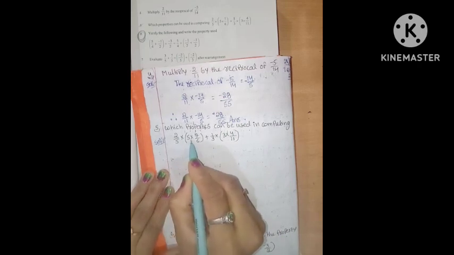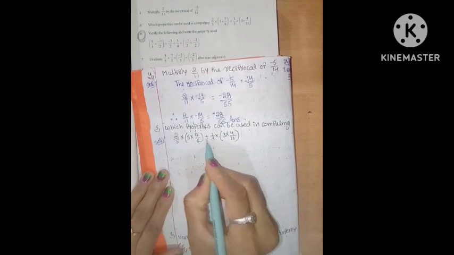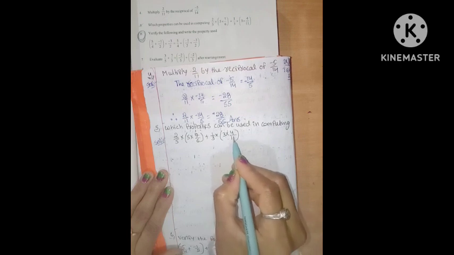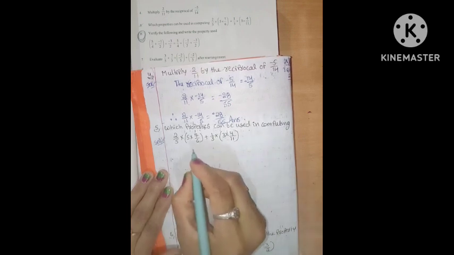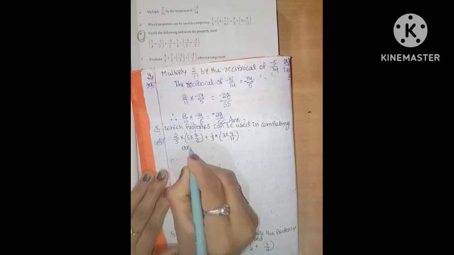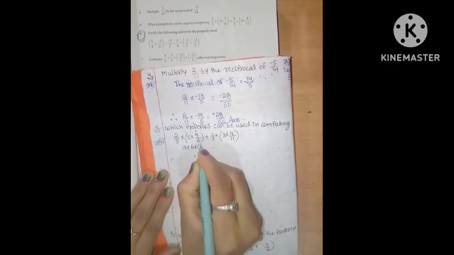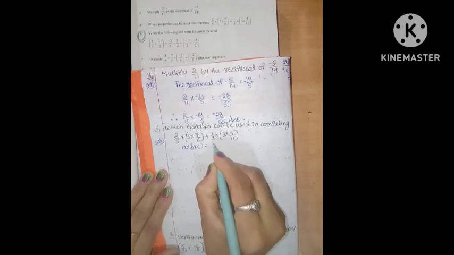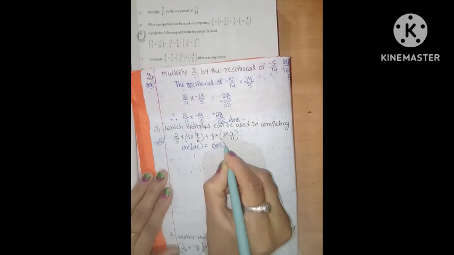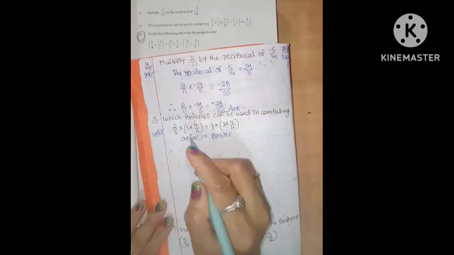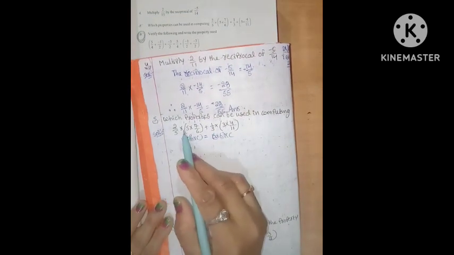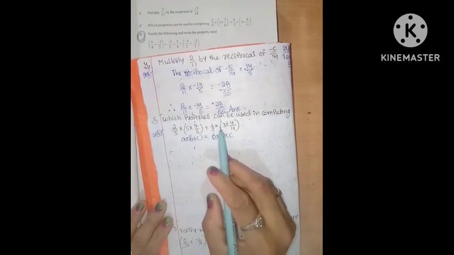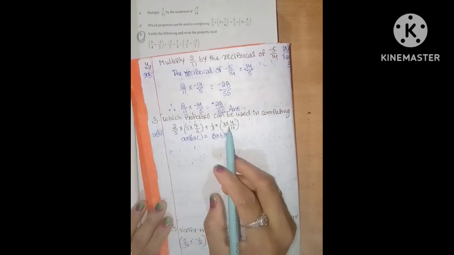A cross B cross C, and A cross B cross C with the bracket on B cross C. Here we have multiplication, this is one term, and here we have multiplication, this is another term.